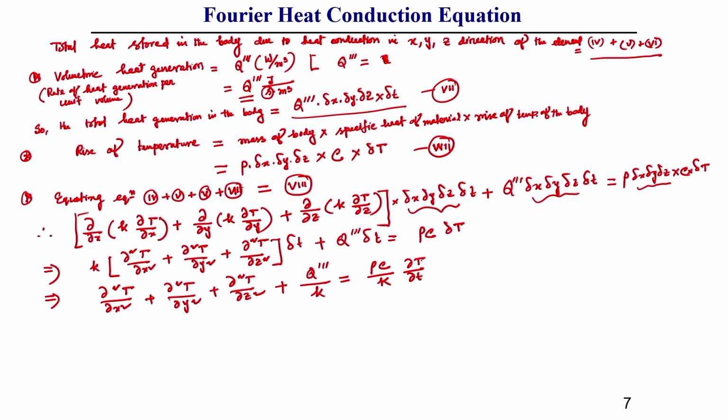This is generally called T dot. Let us consider this as equation number 9. This equation is known as Fourier heat conduction equation.